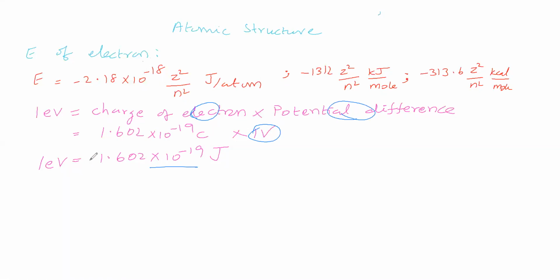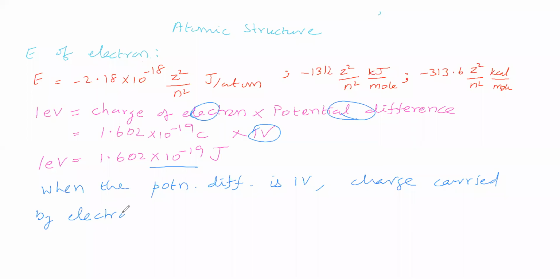What is 1 electron volt? See, when the potential difference is 1 volt, charge carried by electron is called 1 electron volt.